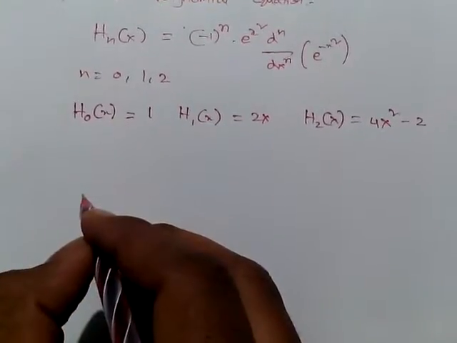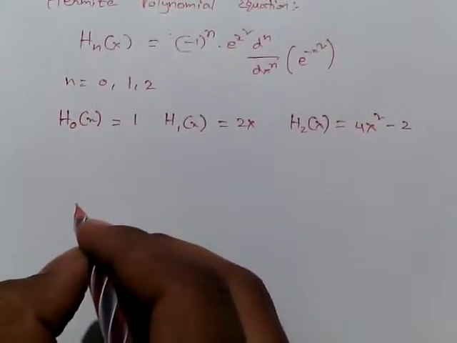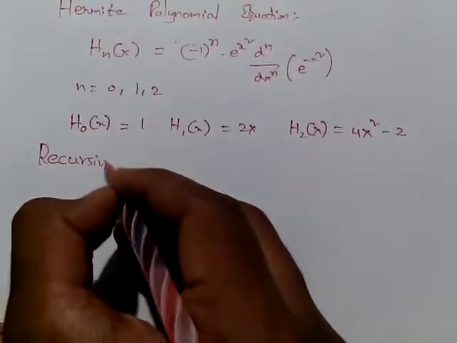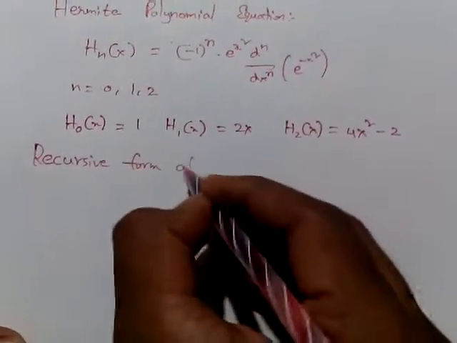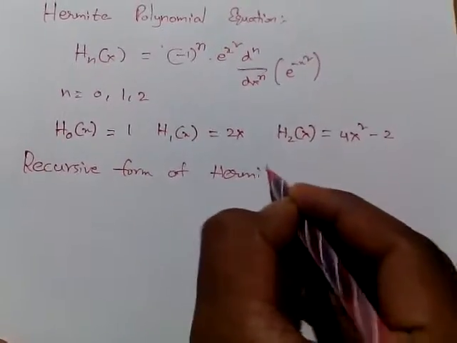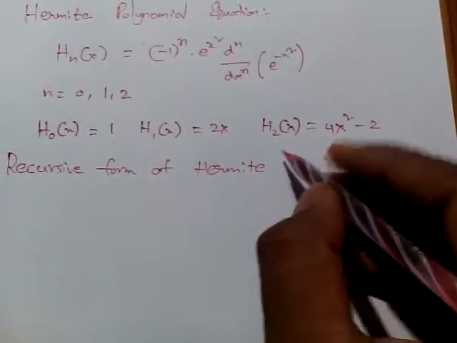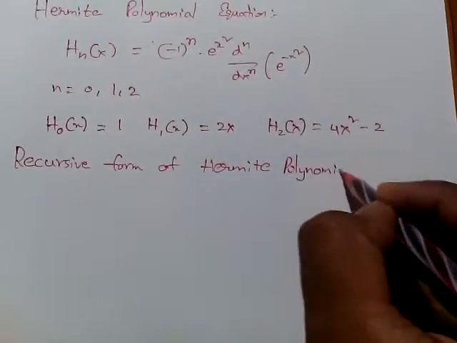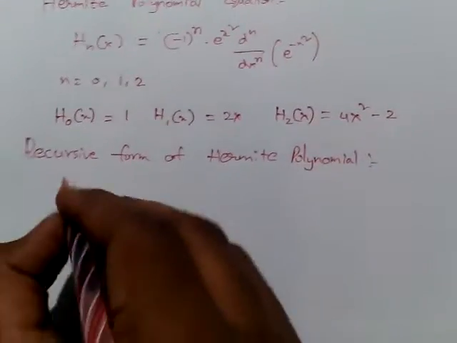Like several polynomials, it also has recursive form. Now I am going to write the recursive form of Hermite polynomial. We can solve the equation of Hermite polynomial by this recursive form by standard mathematical methods.